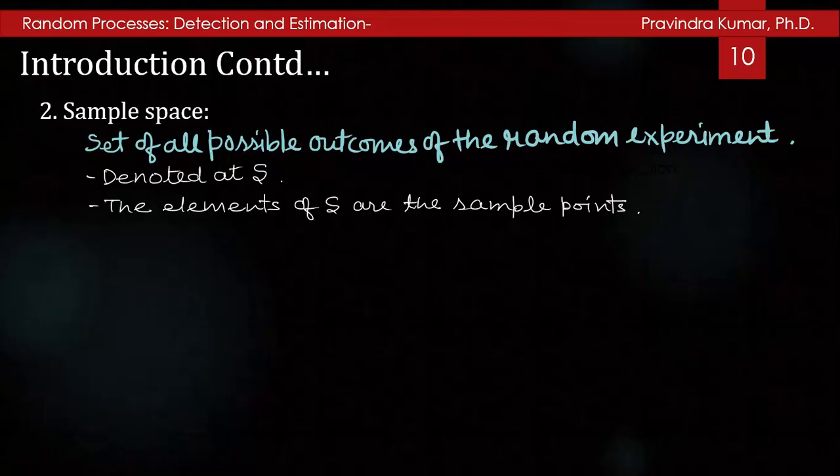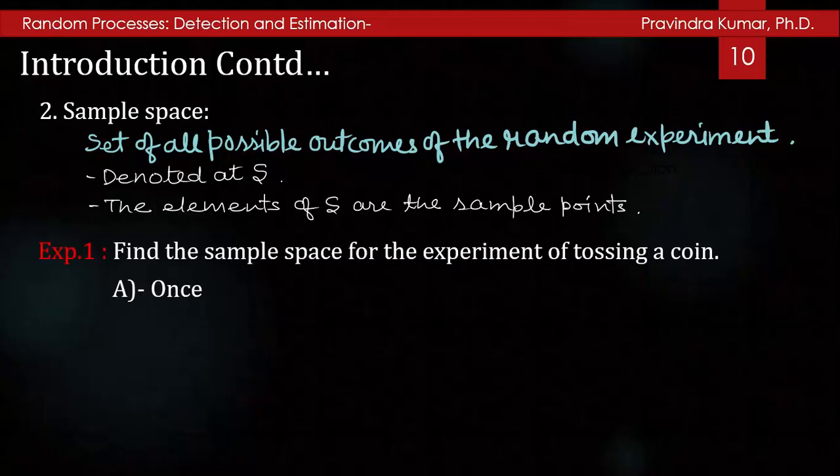Let us take one example here. Find the sample space for the experiment of tossing a coin one time. So the sample space will be head or tail. These are the only two possible outcomes, and these outcomes, head or tail, are the sample points.